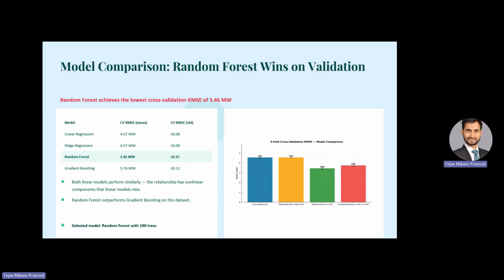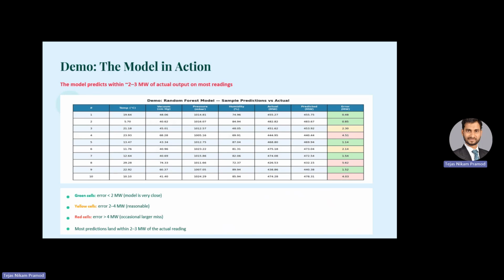Now that we know random forest is our model of choice, let's look at how the model performs. I've taken samples of the model output. I've used a few thresholds: if the error is less than 2 megawatts, I've colored it green. Anywhere between 2 to 4, I've colored it yellow, and red cells are more than 4 megawatts of error.